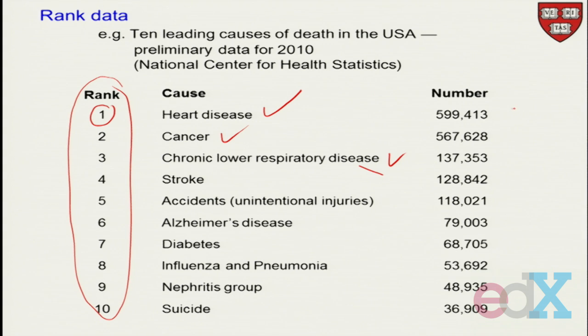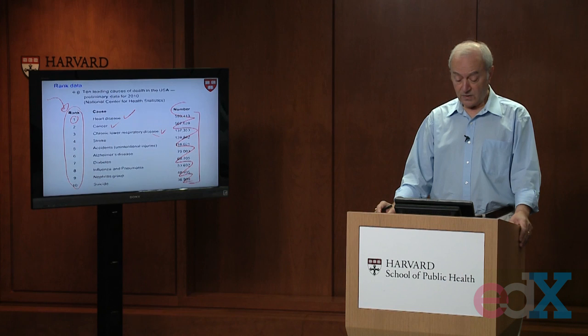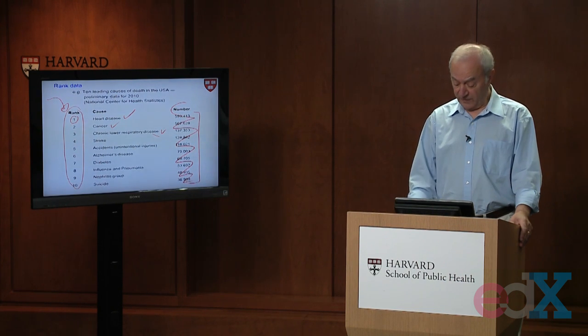We use the numbers only to order the data. So this is called rank data, and so what we're going to do sometimes is just work as if we had just these data, and forget the numbers, just work with the ranks. And it's amazing how much information just the ranks have and how useful this is. So this is rank data.